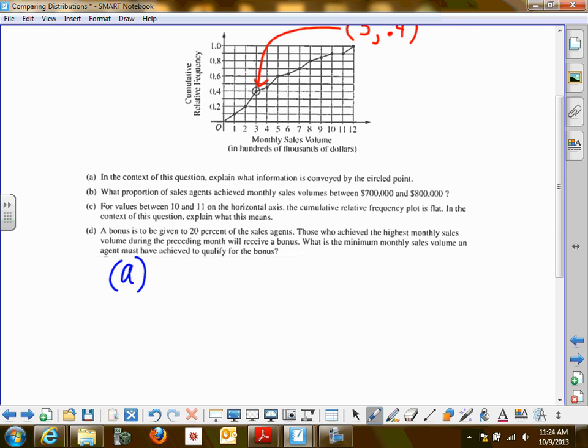So what did 3, 0.4 mean? Yeah. They didn't sell at least $300,000. Oh, you said at least $300,000 or less? Oh, okay. Or at most $300,000. Okay. 40% of the agents sold $300,000 a month.